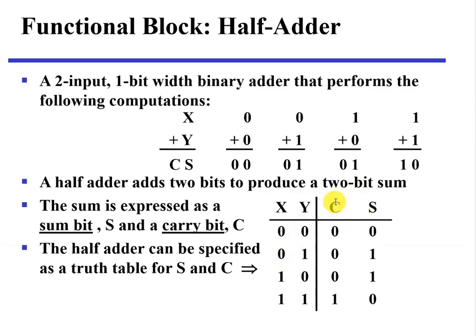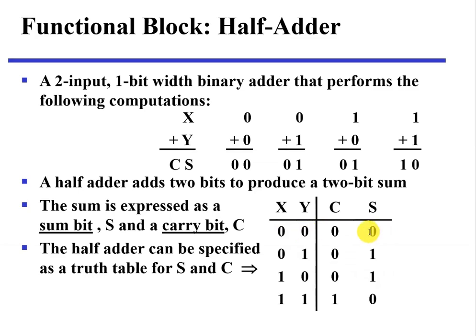Note that the output C is only 1 when both X and Y are 1, right? While the S output, the sum bit, represents the least significant bit of the sum. We can see that S is high when the inputs are different. 0, 1, it's 1. 1, 0, it's 1.